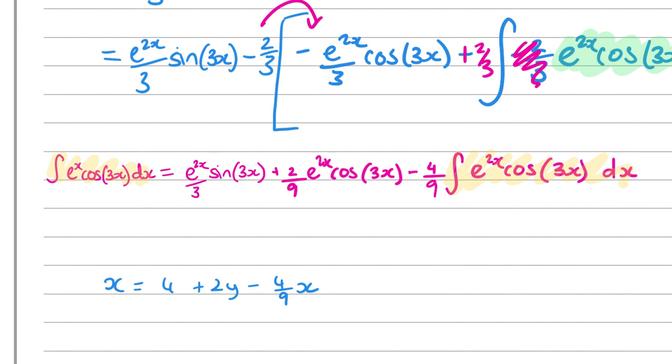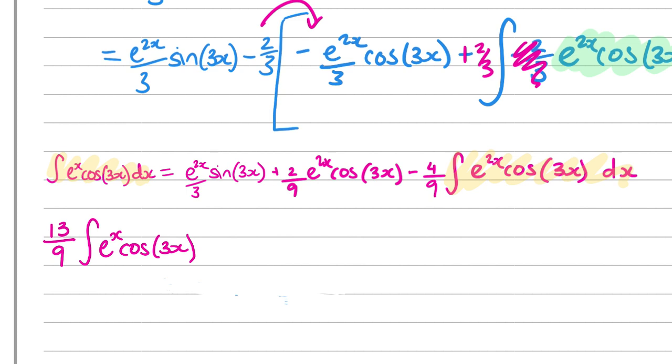Oh, for some reason it won't let me colour this up, but you know what? I'm going to just put it in white. Okay? So if I add 4 over 9, lots of that to both sides, what am I technically going to get? What's a whole 1 plus 4 over 9? Okay, 13 over 9.